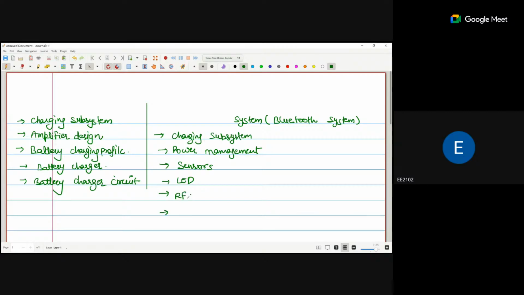And one more subsystem is there. Okay, so total six subsystems.